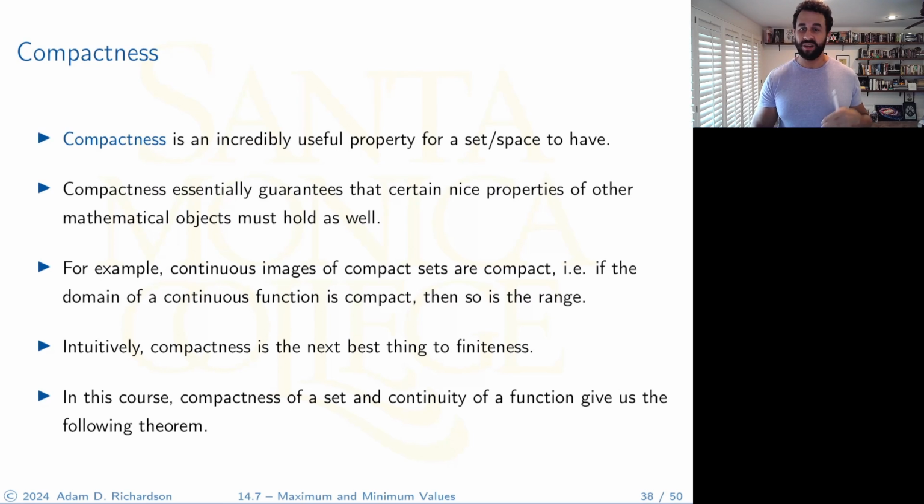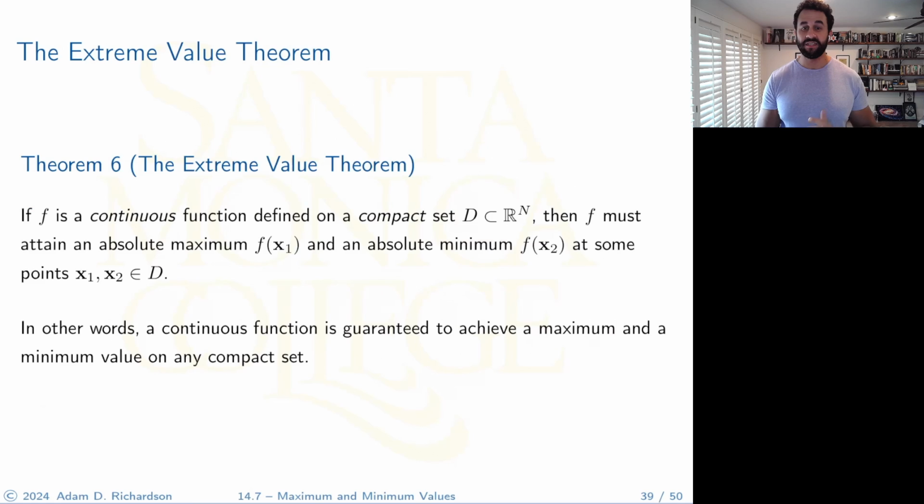So in this course, why do we care about this? In this course, compactness of a set and continuity of a function give us the following theorem, which is the extreme value theorem. The extreme value theorem for multivariable functions says this: if f is a continuous function defined on a compact set D in our n-dimensional space, then f must attain a maximum value and it must attain a minimum value at some points in the domain of the function, D, the domain of the function f.